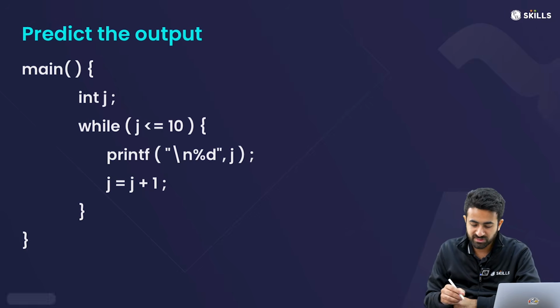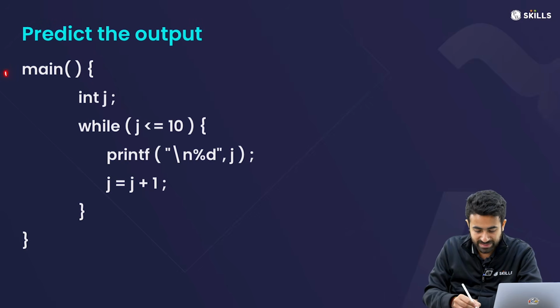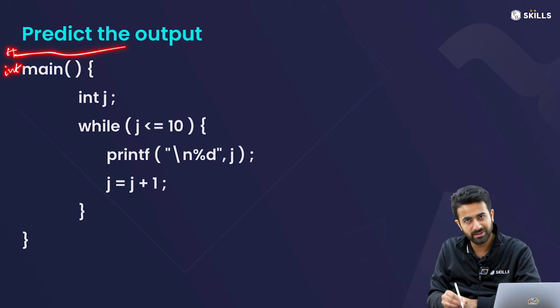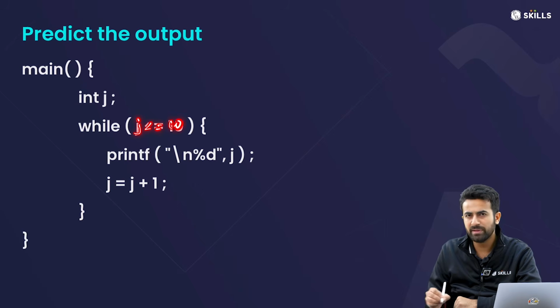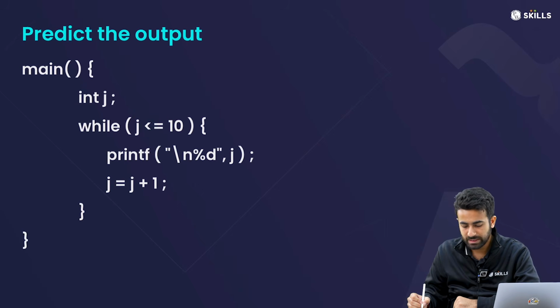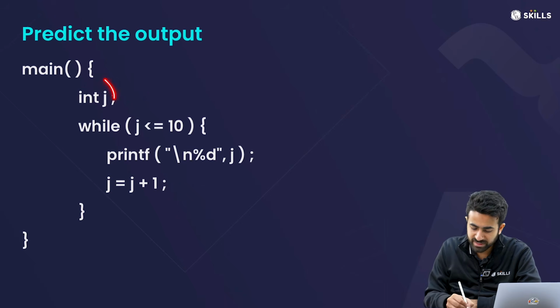So the first question is, when I write main, it is int main and hash include everything. Anyways, so int j, okay. While j is less than equal to 10, what will be the output of this loop? It will give an error, or maybe it will print nothing. Why? This is declaration. There is no initialization happening.